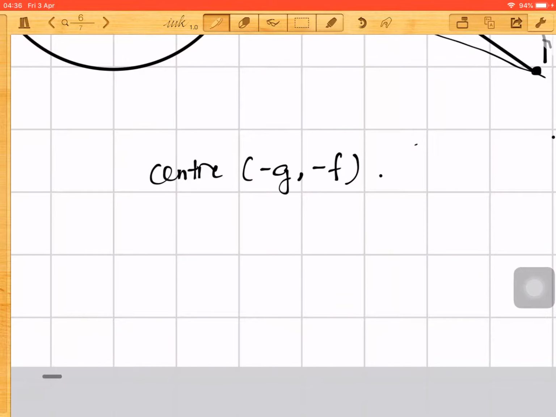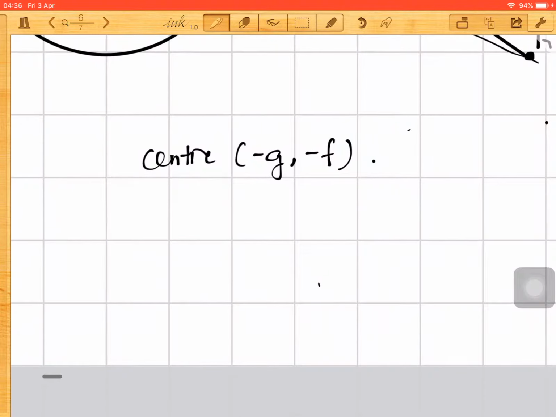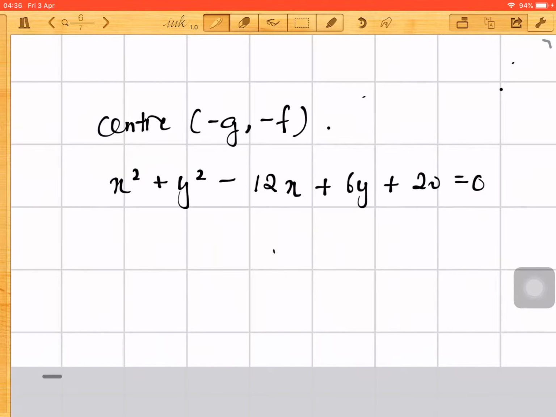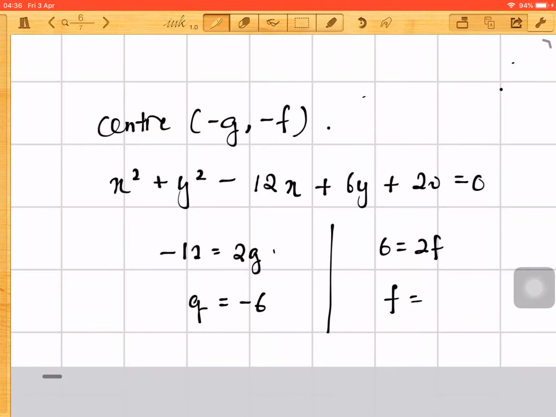So you have to compare from the equation just now. We have x squared plus y squared minus 12x plus 6y plus 20 is 0. By comparing, you have -12 is 2g, g is -6, and then you will have 6 is 2f, and f is 3.